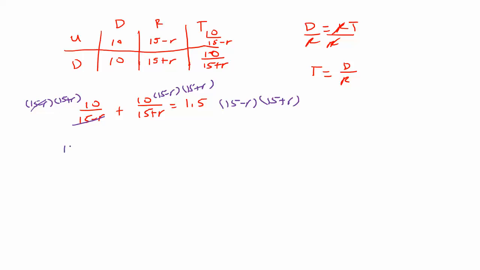So I'm left with 10 times 15 plus R. Second fraction, the 15 plus R's will cancel. So I have plus 10 times 15 minus R.